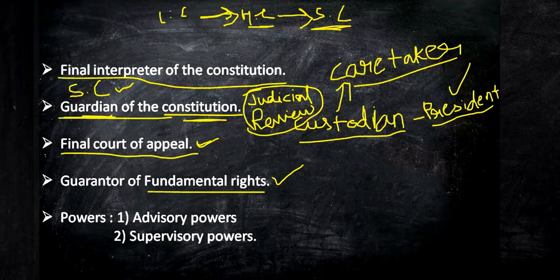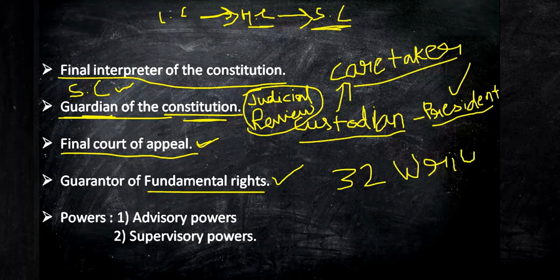So through the tool of constitutional writs provided under Article 32. Is it clear? Provided under Article 32. The writs are provided in Article 32 and these writs are the tools in the hands of the Supreme Court to guarantee the fundamental rights to the citizens. Is it clear? So these were the functions of the Supreme Court.